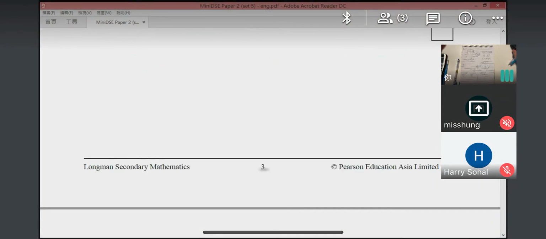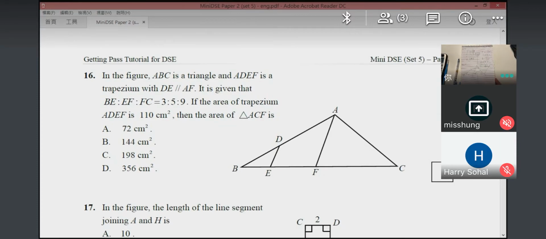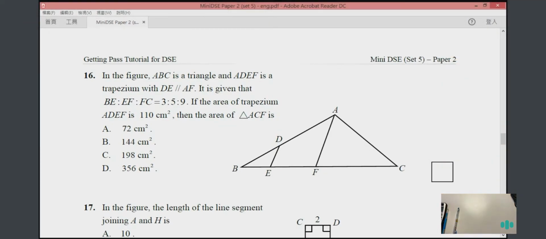And then number 16. You need the ratio between area and length. Number 16, you have a triangle, draw it bigger first, and then you have parallel lines. A, C, E, F, B, and D. Copy the figure here.